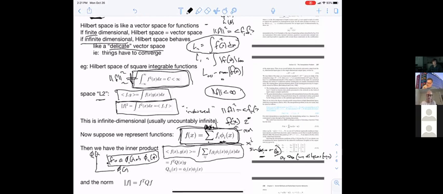So what does the inner product look like? Well, again, look back up. We start up here from this inner product, and this is the general inner product that induces the L2 norm. And again, we tend to use the L2 norms for this. So here we have that inner product.